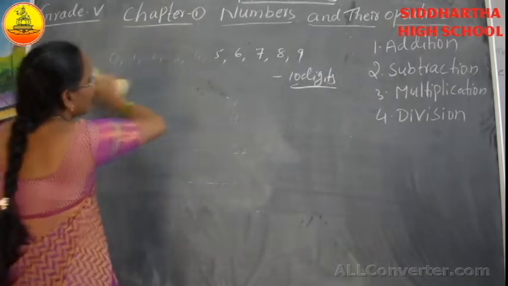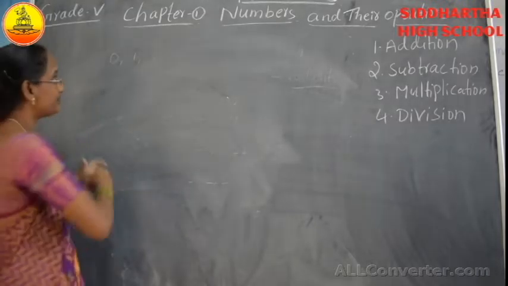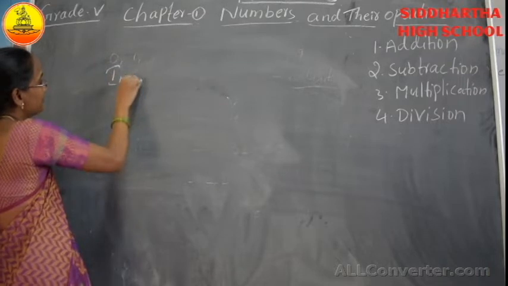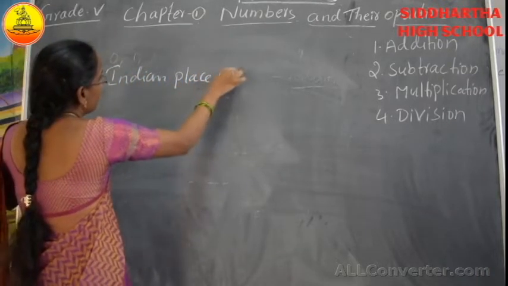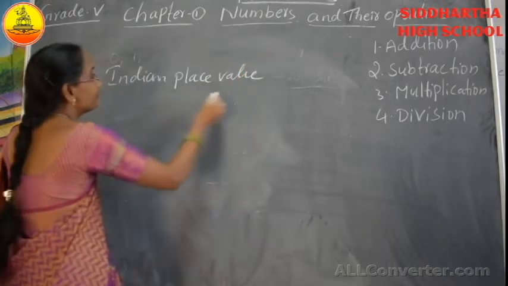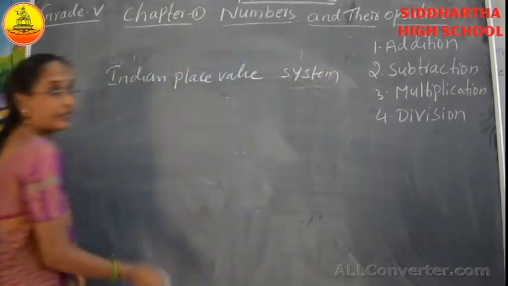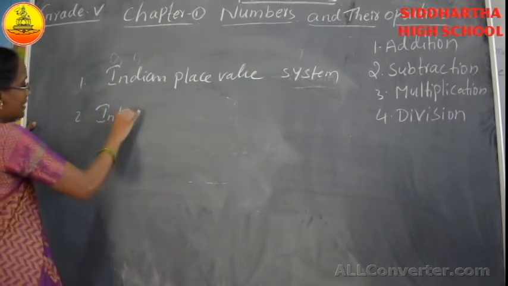while you are reading and writing the numbers, you are using 2 systems. What are the systems? Indian place value system, and another one is international place value system.